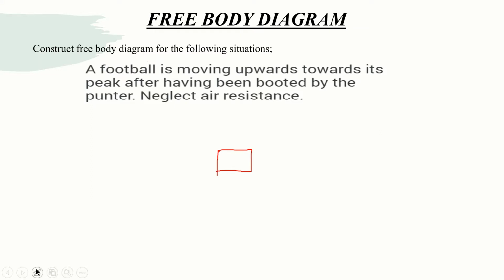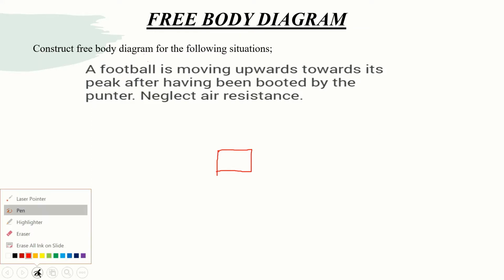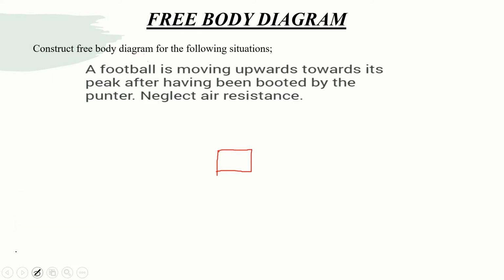Now, if you look at the question, the ball is moving upwards and towards its peak. Now, this ball, despite it being moved upwards, does not remain up. The ball drops, so there is a force of gravity acting on that ball.